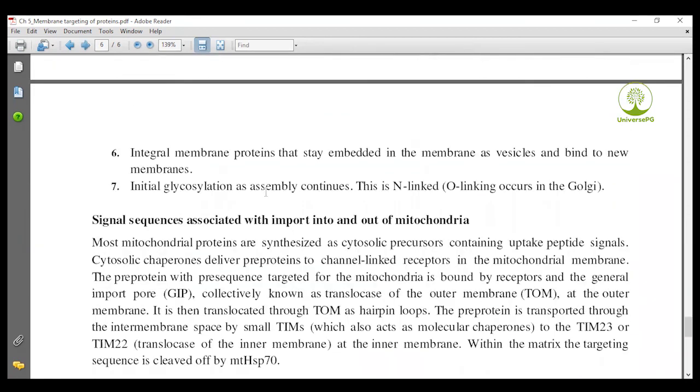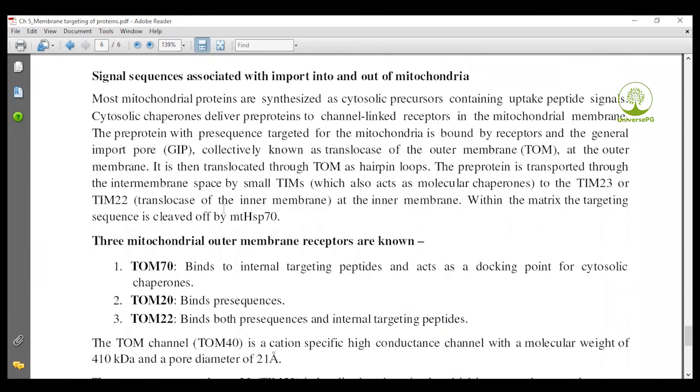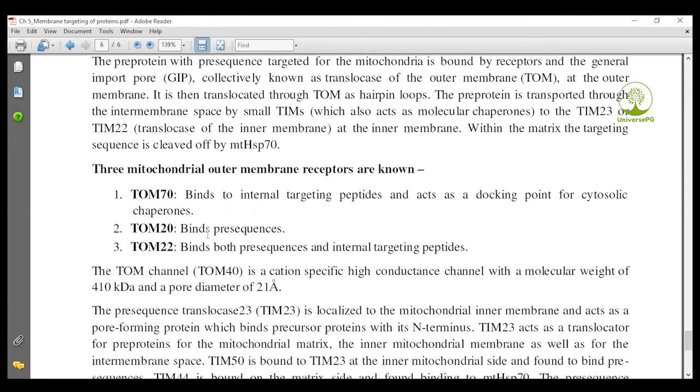TIM23 and TIM22 are membrane proteins, the translocase of the inner membrane. At the inner membrane, within the matrix, the targeting sequence is clipped off by mtHSP70, another membrane protein. Three mitochondrial outer membrane receptors are known.